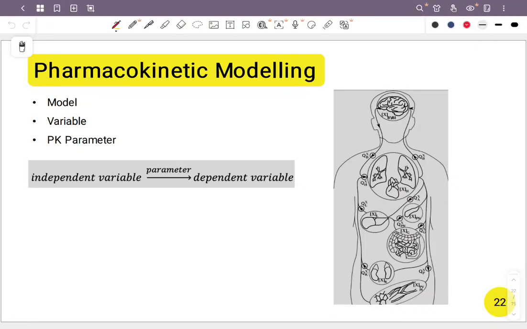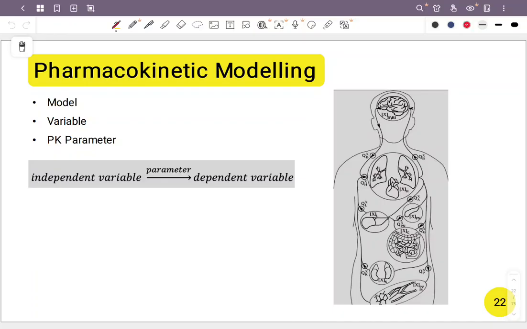So, next, let's discuss the pharmacokinetic modeling. So, ano ba yung pharmacokinetic modeling or modeling? So, drugs undergo many complex processes in the body. They are absorbed, distributed, metabolized, and excreted, all potentially at the same time. And, lisod kaayo na siya i-monitor.